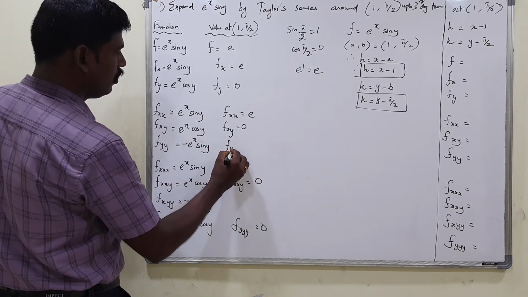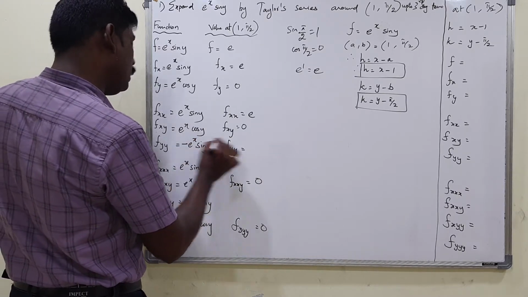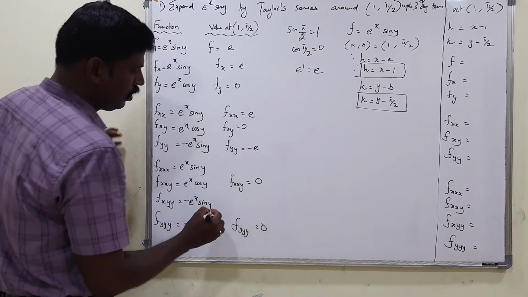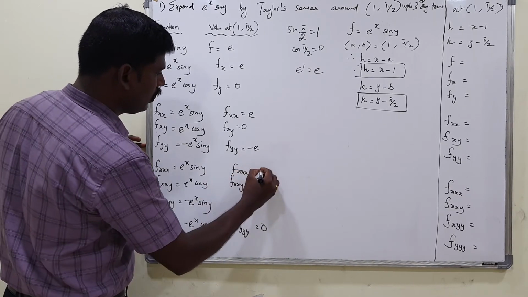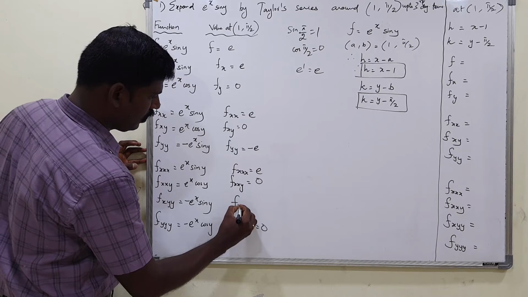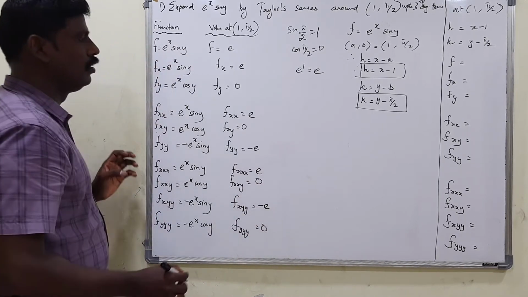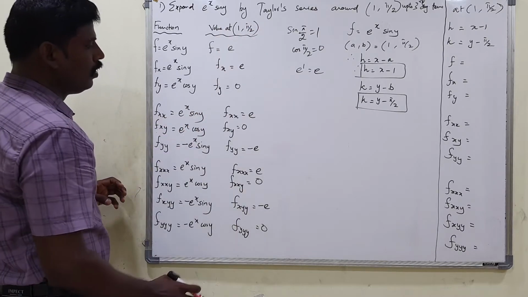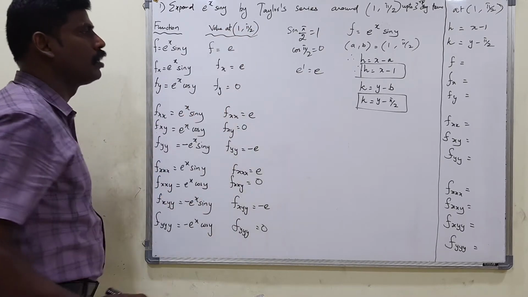Here f double y is equal to minus e into 1, minus e. Here f triple x is equal to e. f x double y is equal to minus e, isn't it? That's all. So we have found the values of all the partial derivatives at the point (1, pi by 2).